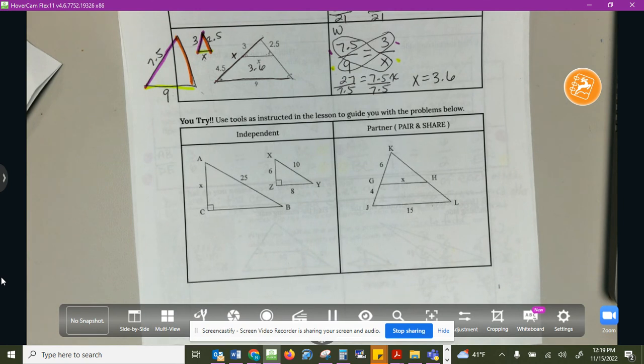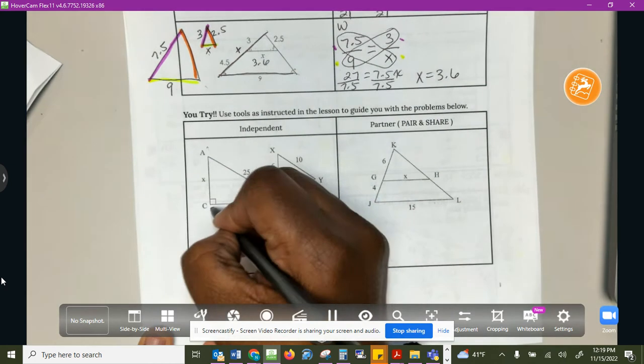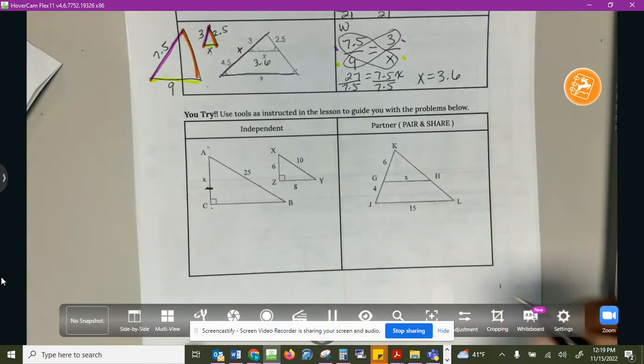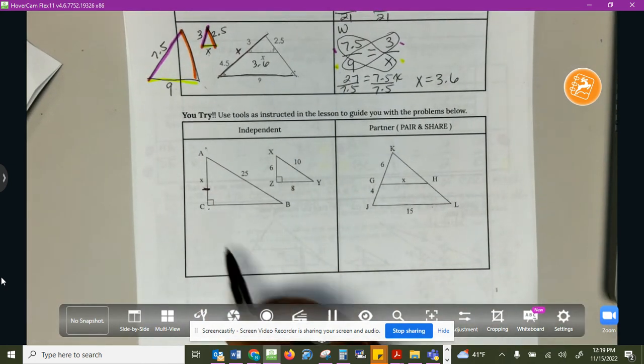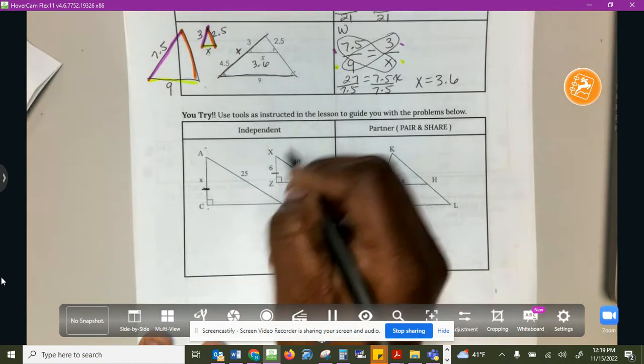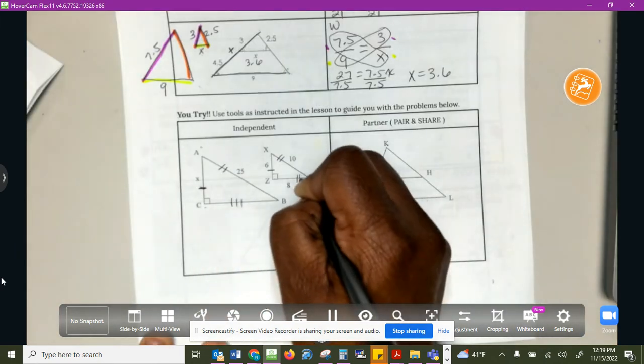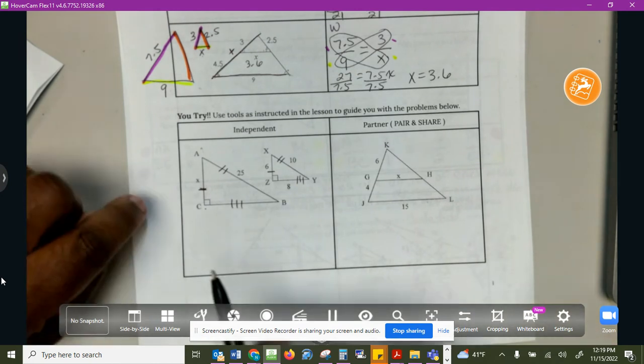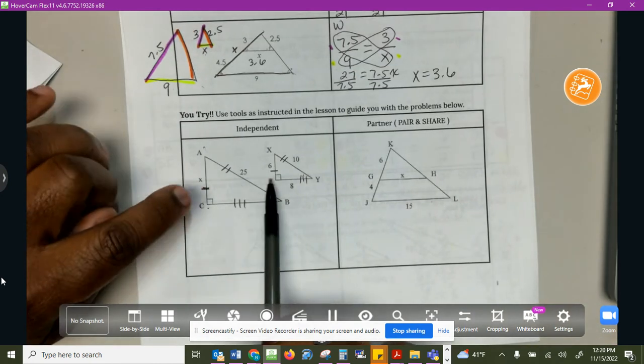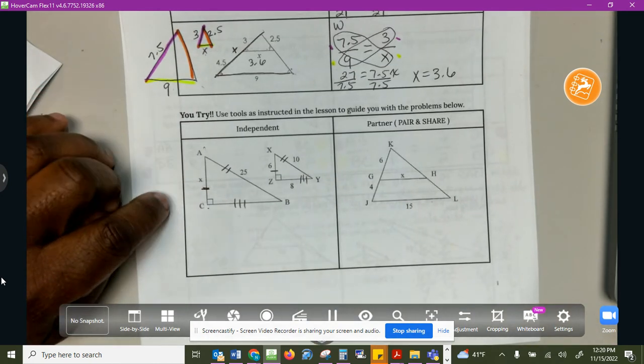All right, so let's check your work here. This time I'm not going to use color. I'm just going to use markers. So I know this goes with that side. That goes there, and the bottom will go with the bottom. So I just need to make sure whatever sides I use have the x involved, right?